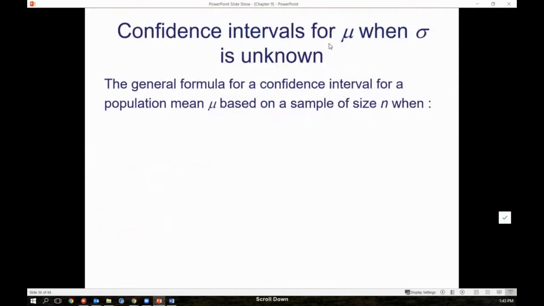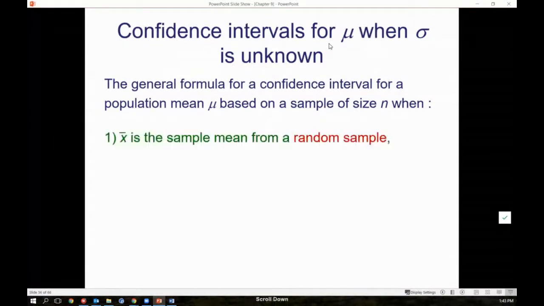Okay, so let's get back to our confidence intervals when sigma is unknown. The general formula for a confidence interval for a population mean is based on a sample of size n, when x bar is the sample mean from a random sample. We've got to have that still.